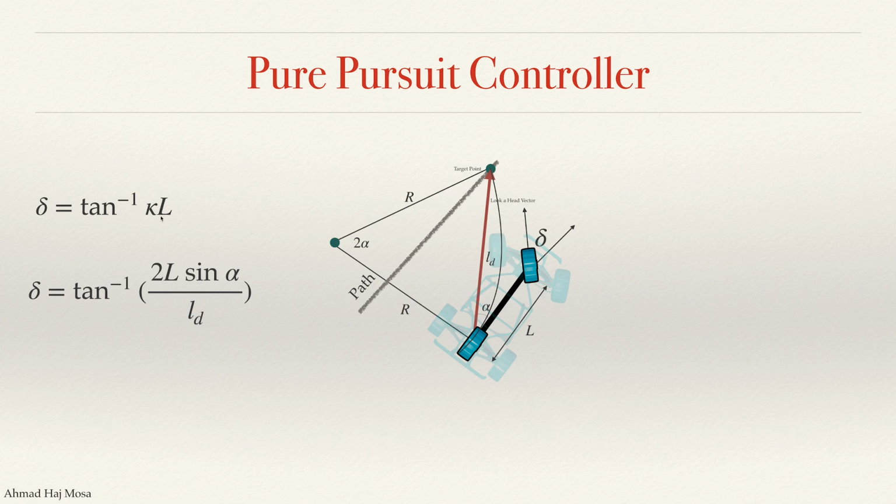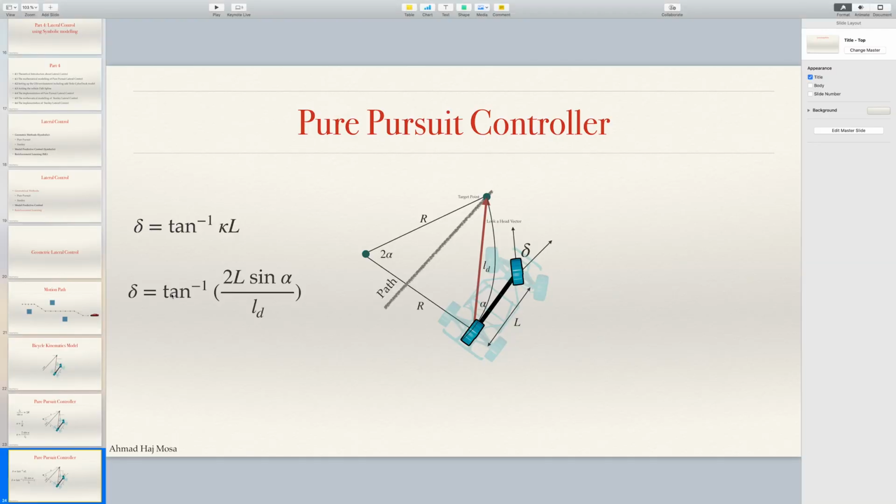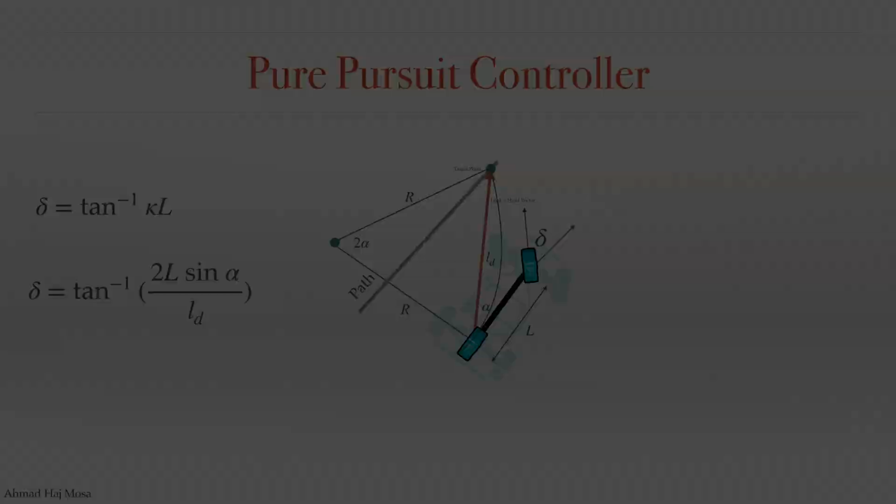We know that the curvature is equal to 2 sine alpha over LD. So the pure pursuit control law is delta equals arctan of 2L multiplied by sine alpha over LD. And that's basically the basics of the pure pursuit controller.